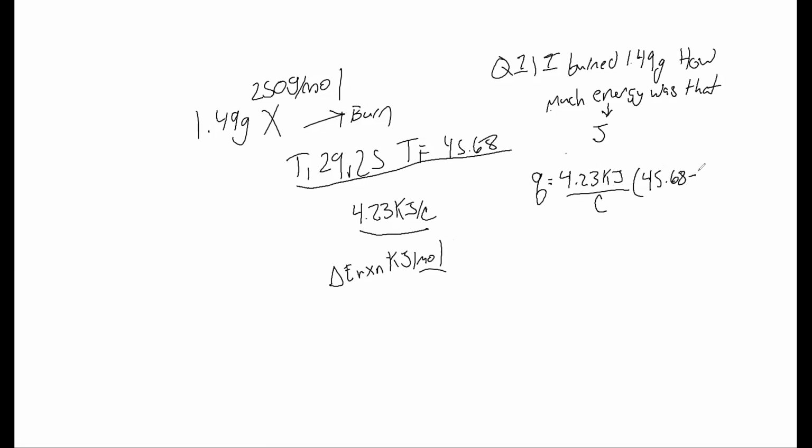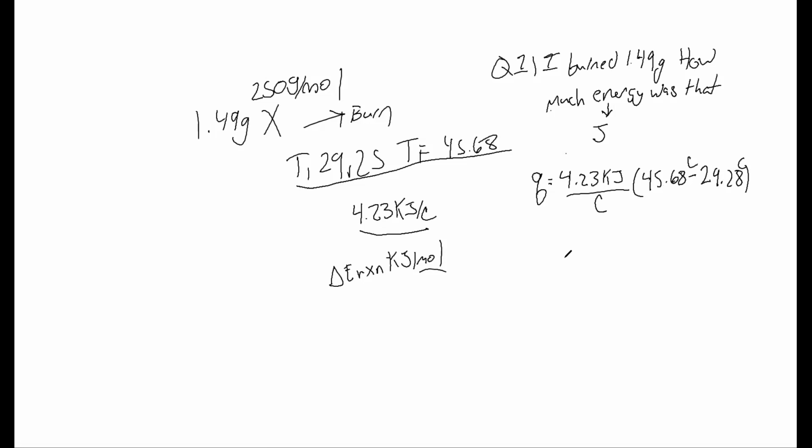45.68 minus 29.28. These have units of centigrade. Centigrade cancel out, and I'm left with a unit of kilojoules. So let me do this math really quick for us. We have 4.23 times 45.68 minus 29.28.